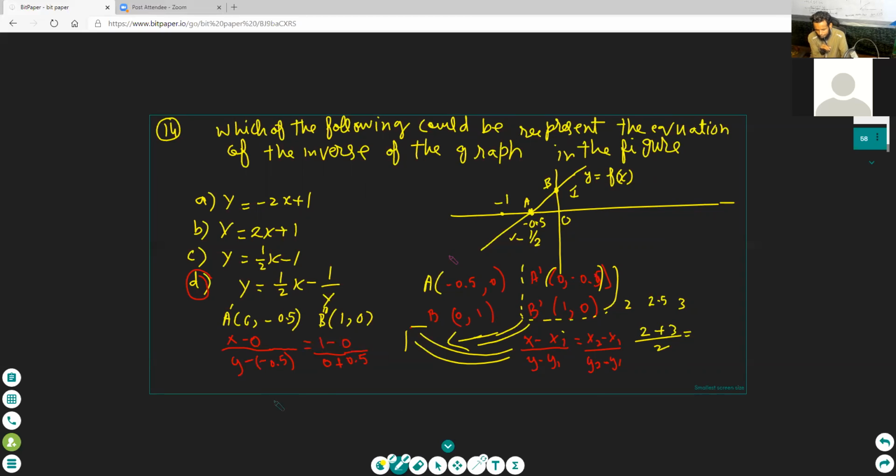So then it's going to be 1 over 0.5 equals x minus 0, over y plus 0.5. x minus 0 is only x, okay? 0 means we will not subtract anything.